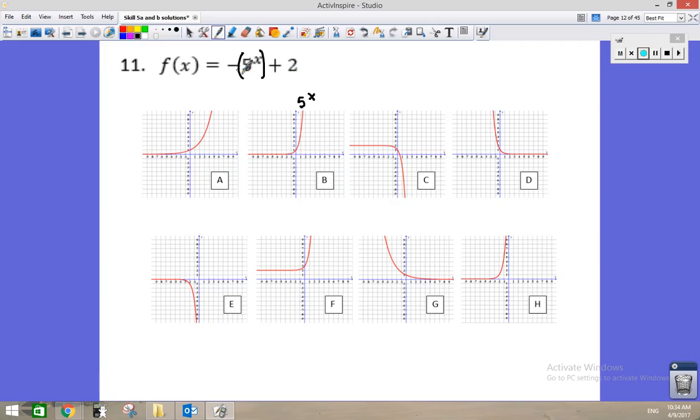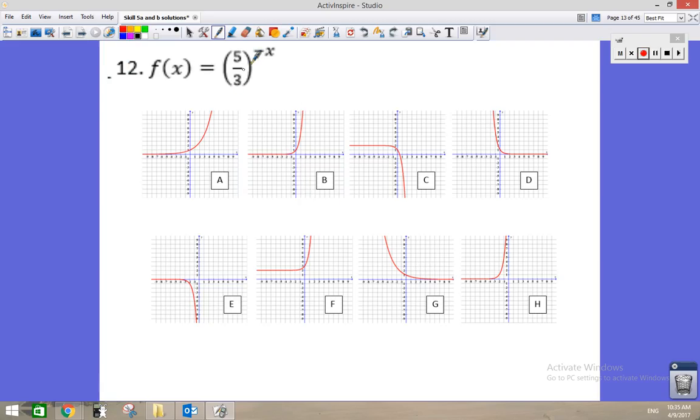So the first transformation is a reflection across the x-axis, and that 2 is going to lift that up 2 units. So if this goes up 2 units, it looks like it's choice C right there. I don't have anything else that's going down like that that's been lifted up 2 units. Yeah, it has to be choice C.